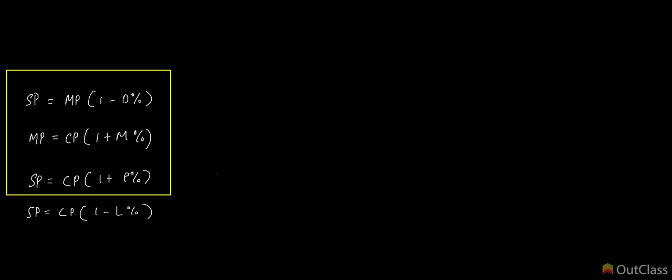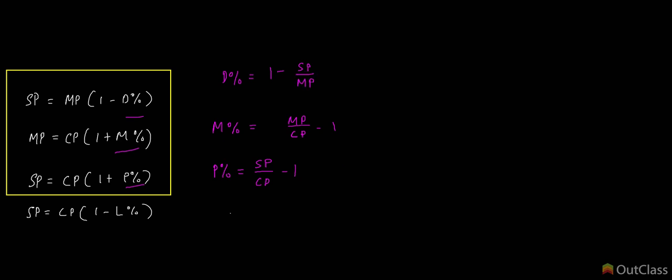Let's also quickly rewrite these formulae with the rates as the subject. The profit percentage is simply SP by CP minus 1. The markup percentage is MP by CP minus 1, and the discount percentage is 1 minus SP by MP.